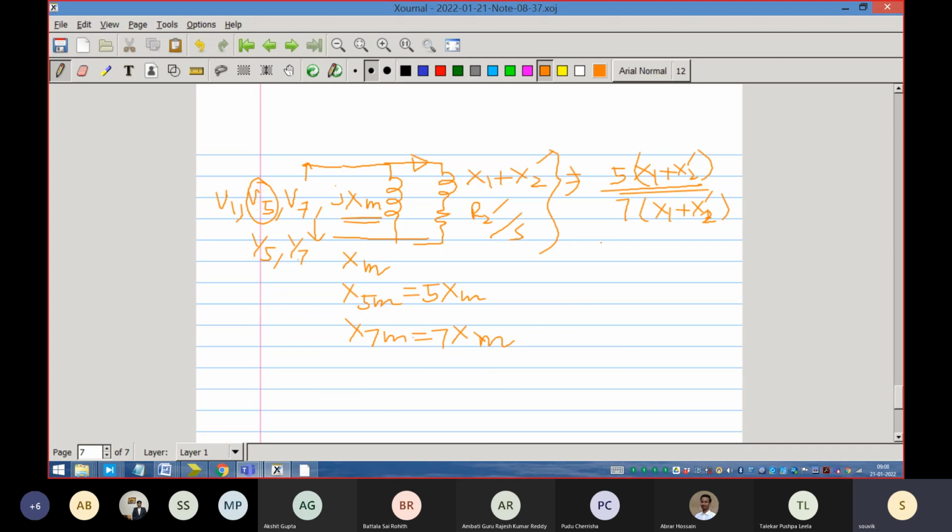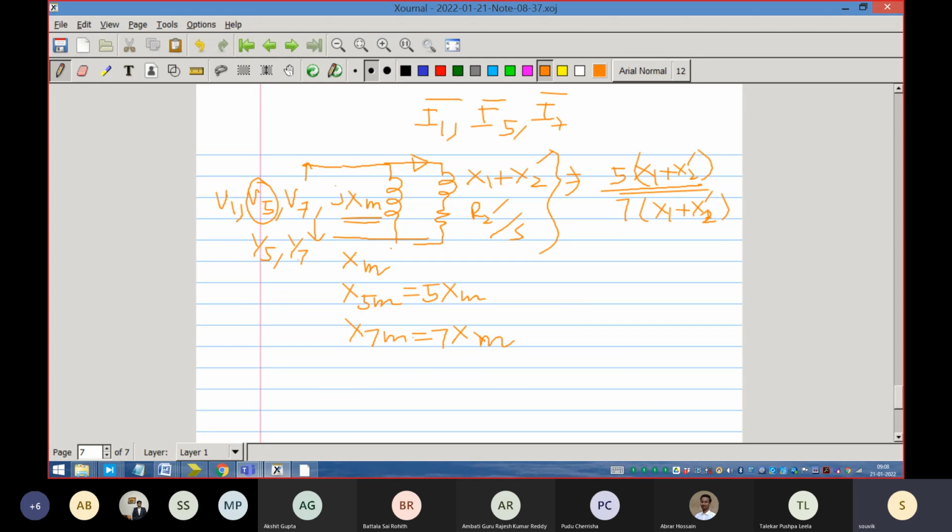So it will result in currents I1, I5, I7 as well, because this is the equivalent circuit from the harmonics point of view. With 5 times the reactances, each one you find out independently and sum them up by superposition. That is the current, right?